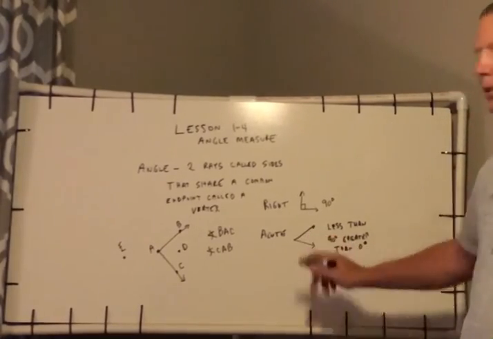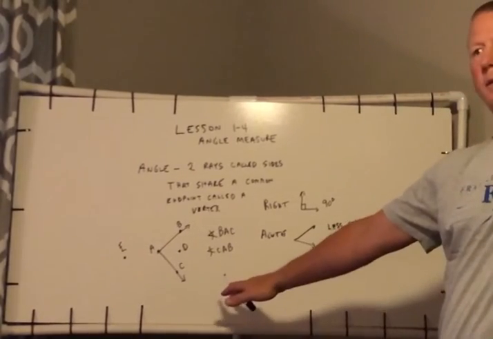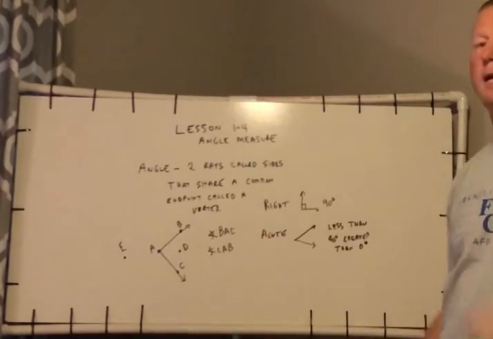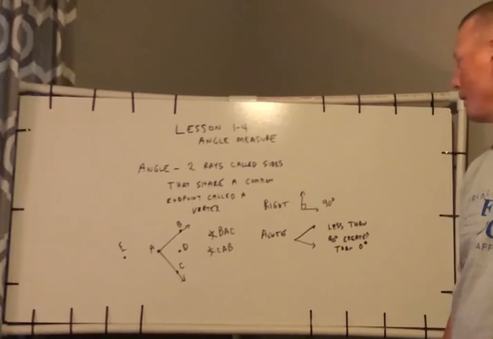So again, here's a picture. Again, here's 90. It means that the angle has to be smaller than 90 degrees. All right.